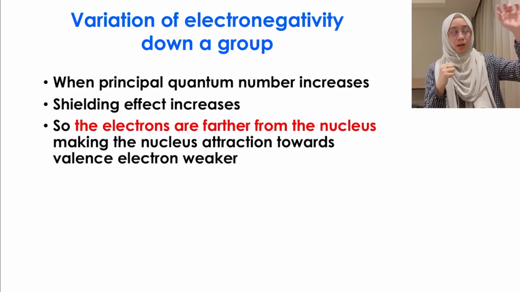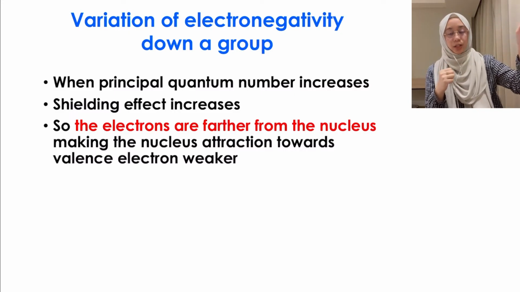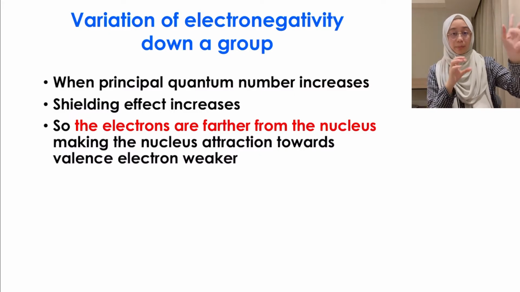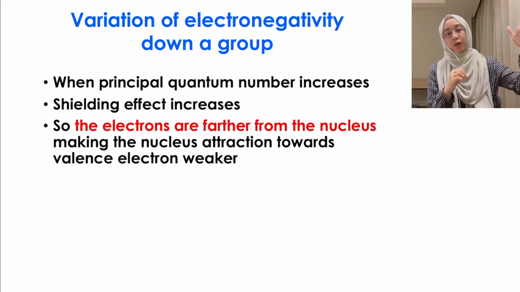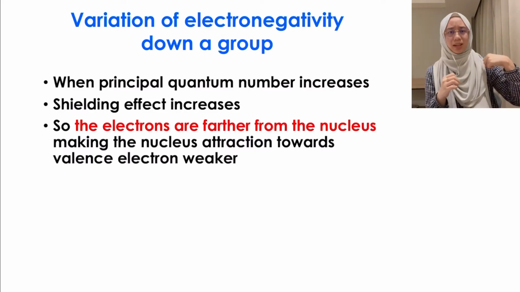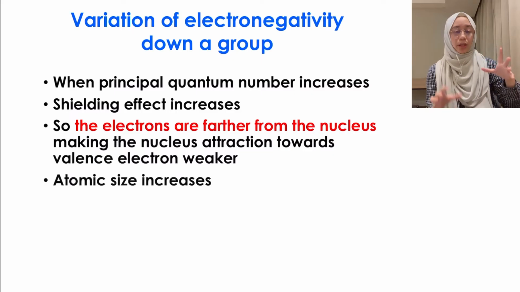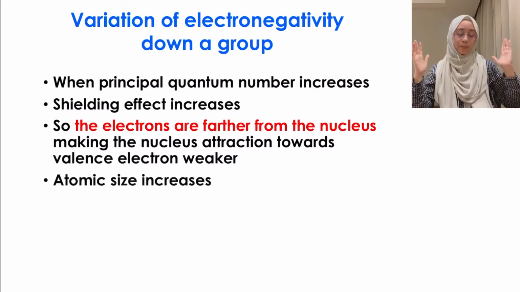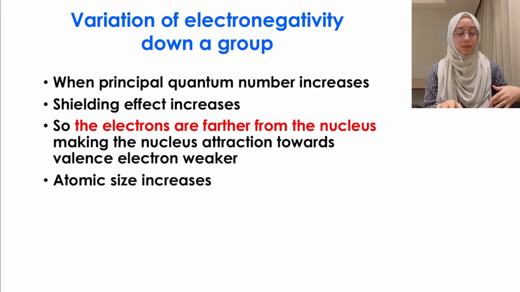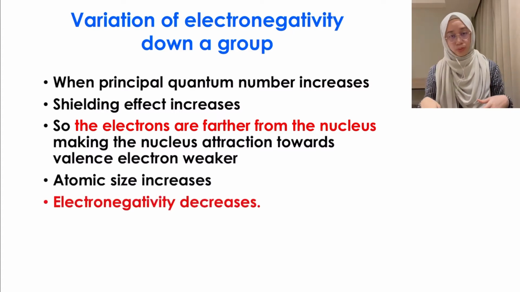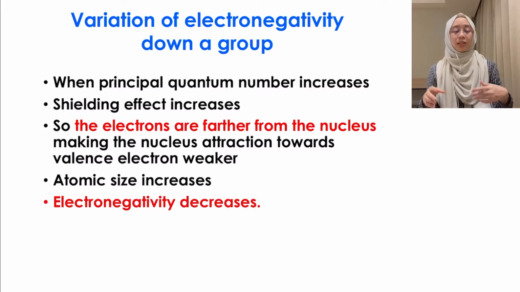So it is difficult for the element to attract its valence electrons. When it shares its electrons with another atom, of course it is also difficult for it to pull the shared electrons towards itself. So here the nucleus attraction towards the valence electron is weaker, therefore the atomic size increases, and in terms of electronegativity it will decrease. So basically we just use PSAS and NSAS here.